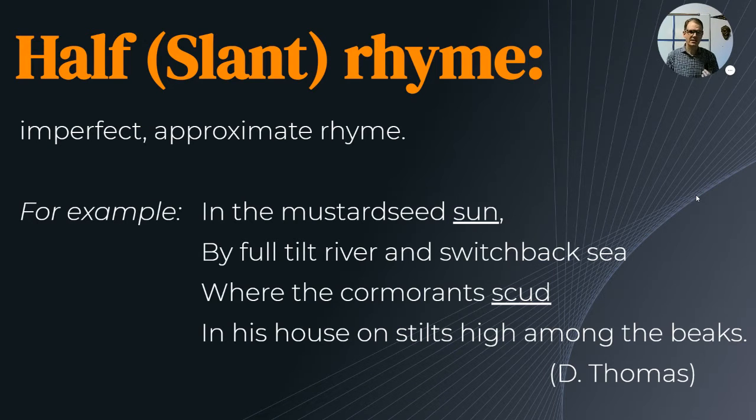Some of the best examples of slant rhyme you're going to find in hip hop and rap, because we just have this constant barrage of rhyming, and there's just not enough options to have perfect rhyme. So we have this half slant or forced rhyme. And it's just kind of an awesome use of language in that case.